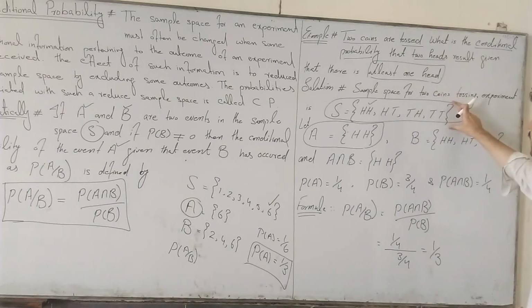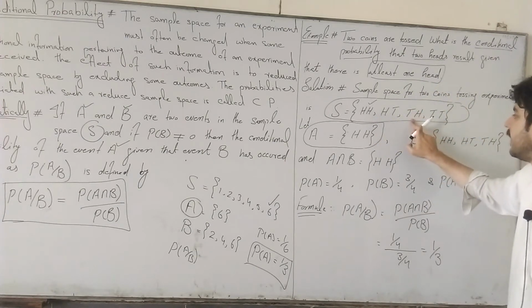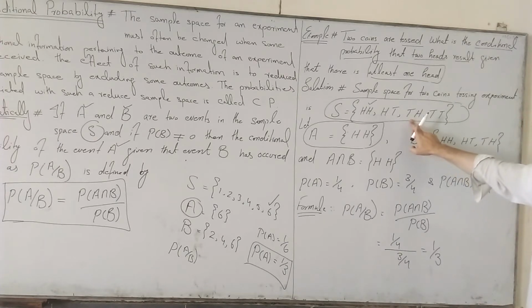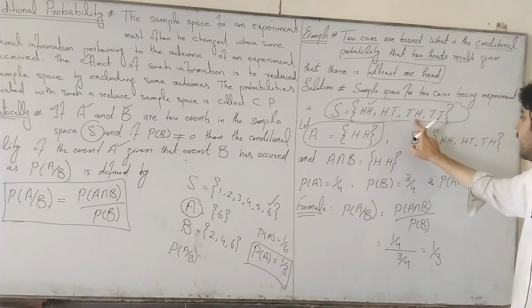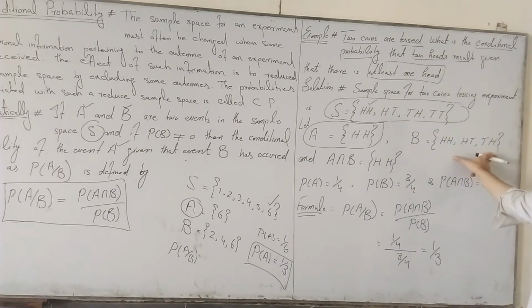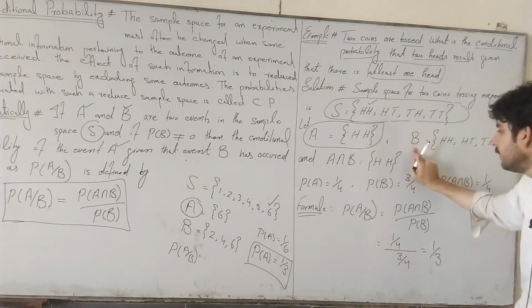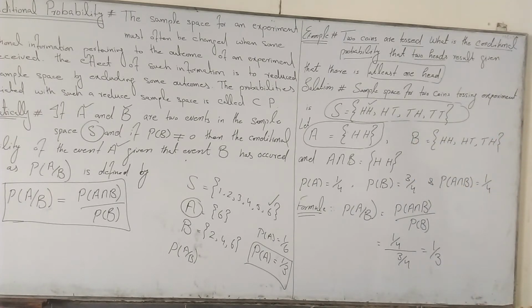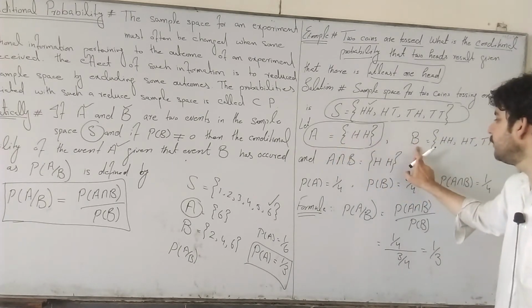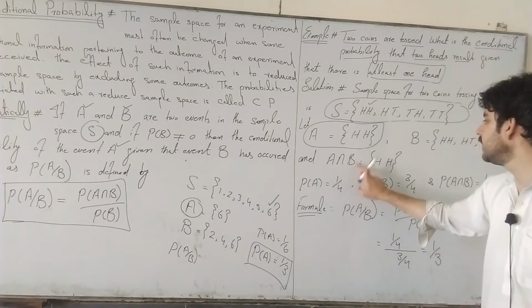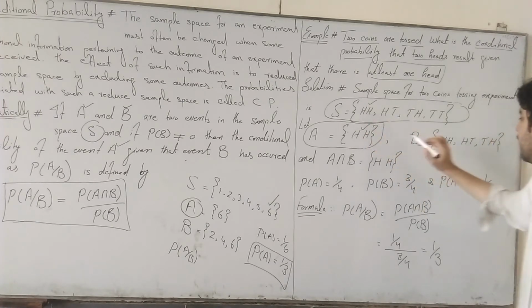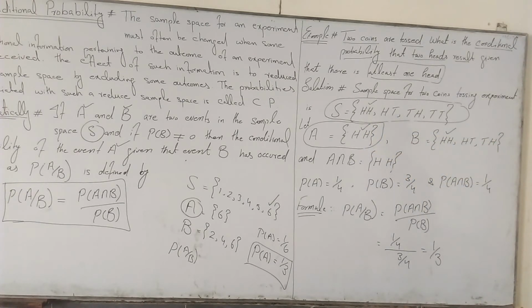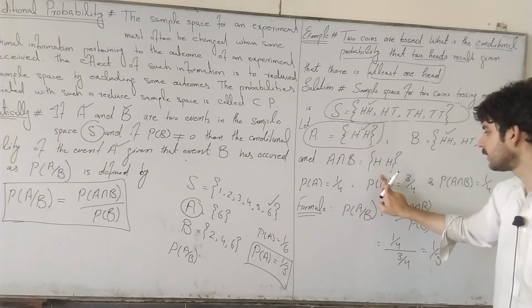In the sample space, there are three elements where at least one head occurs: HH, HT and TH. This is the third set, and we represent this set by B. If we find the intersection of A and B, A intersection B is equal to HH, because HH is the common element in these two sets.